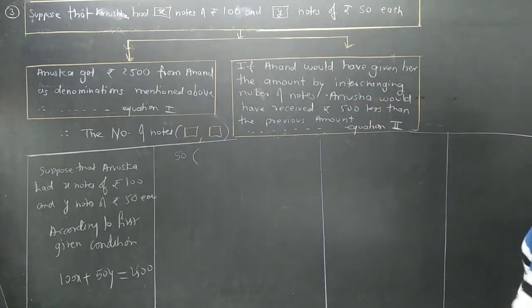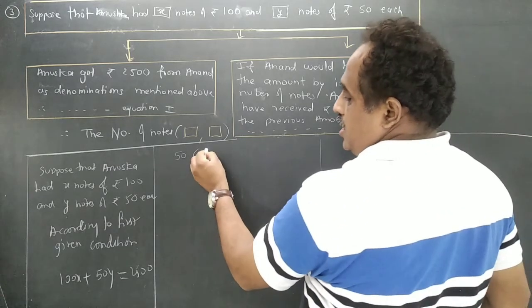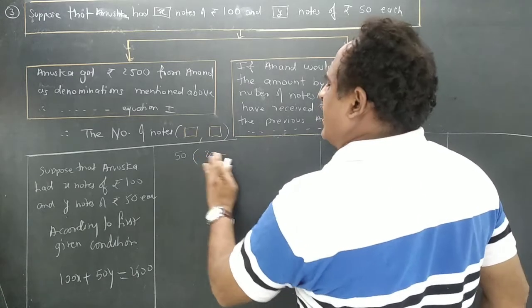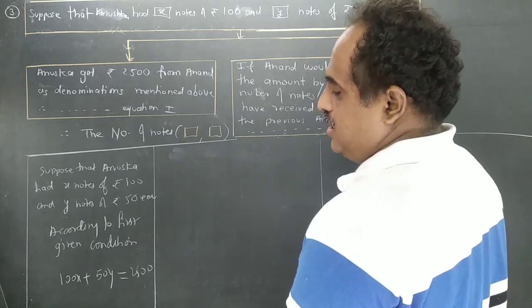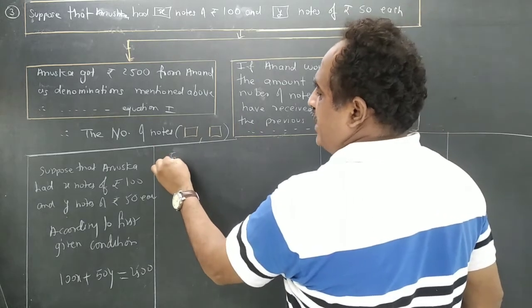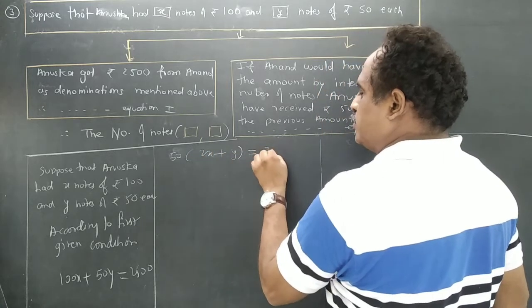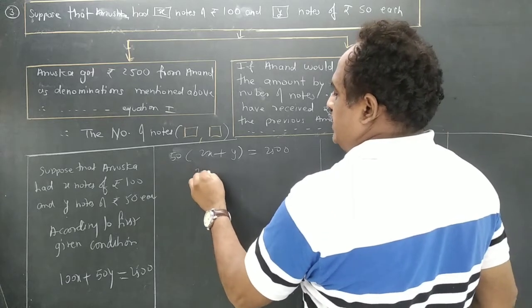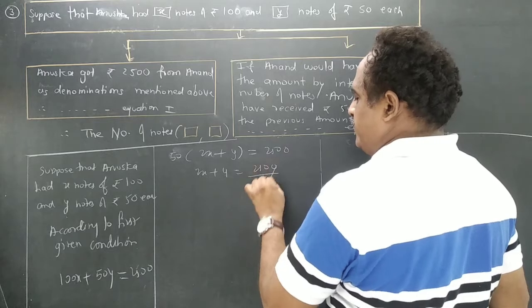Then your equation becomes 2x plus y is equal to 2500 upon 50.